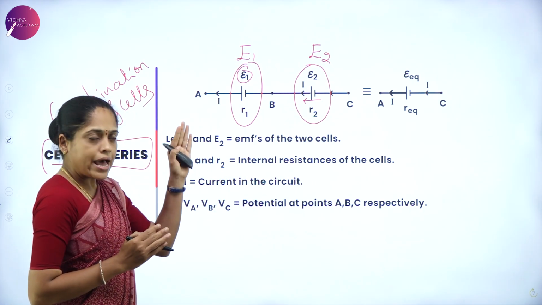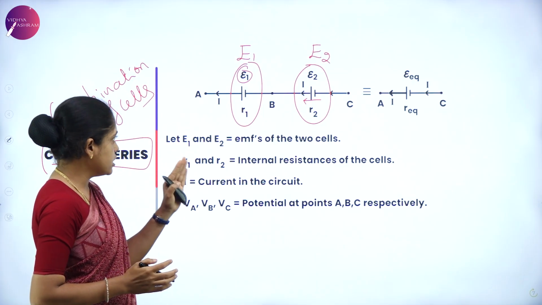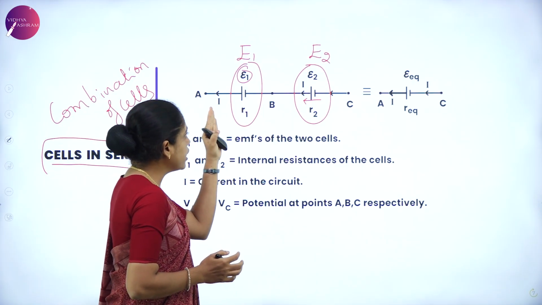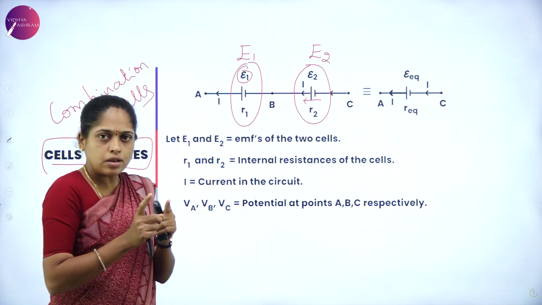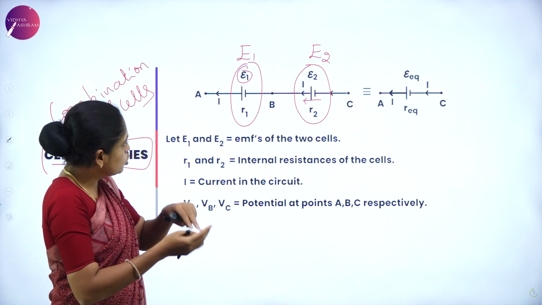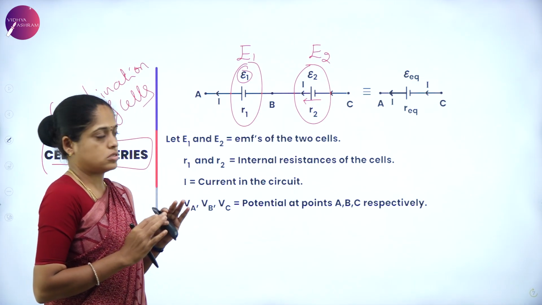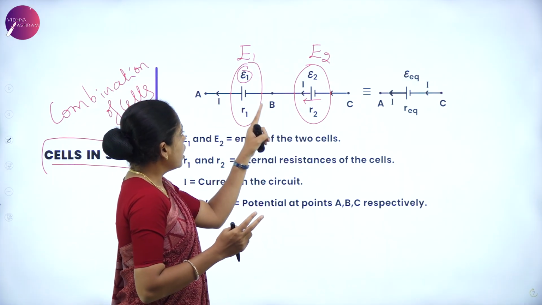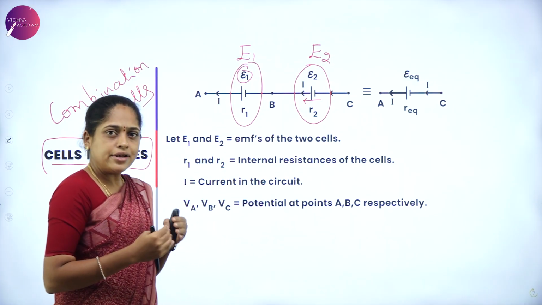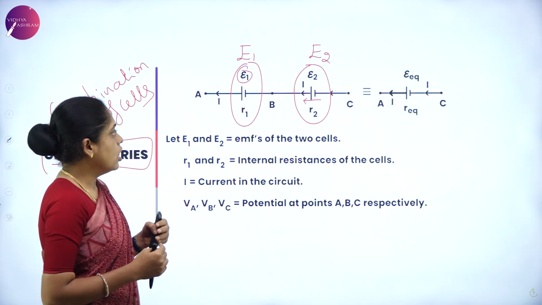This arrangement is a series arrangement, that is, the current has only a single path through these two cells. You can consider this as an end-to-end connection.